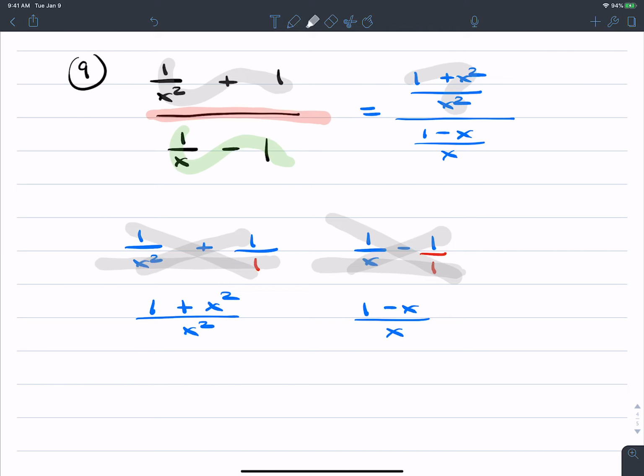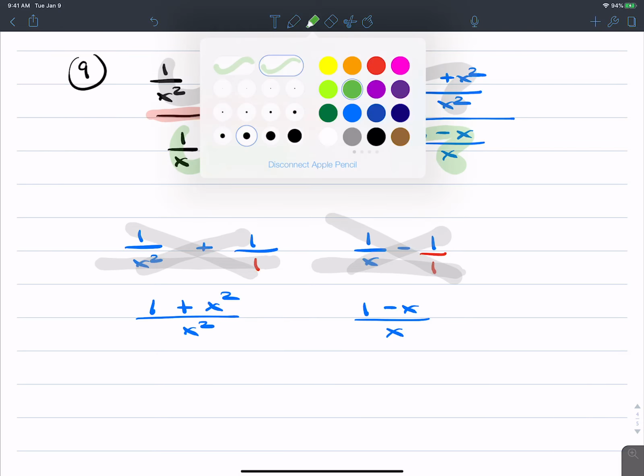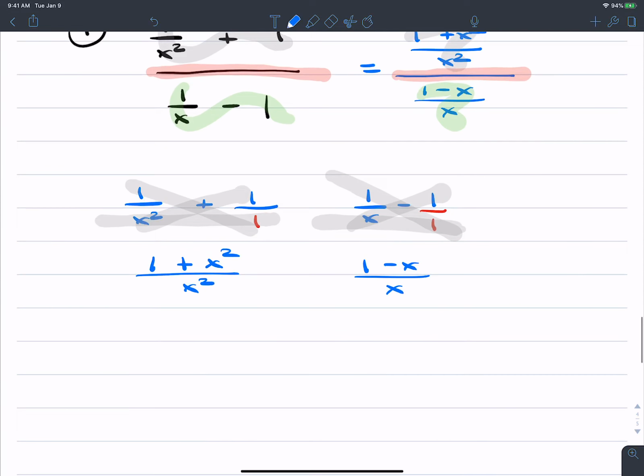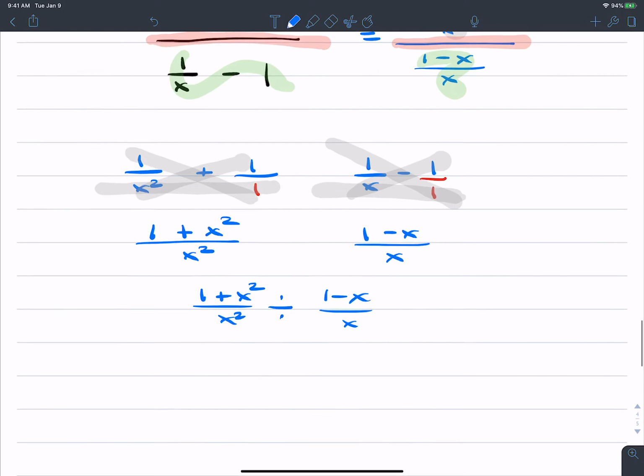We have the numerator fraction and we have the denominator fraction. And don't forget that we are dividing here. So you have 1 plus x squared over x squared, write this horizontally, divided by 1 minus x over x.